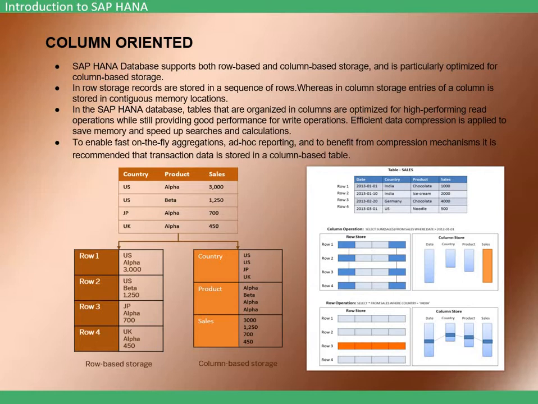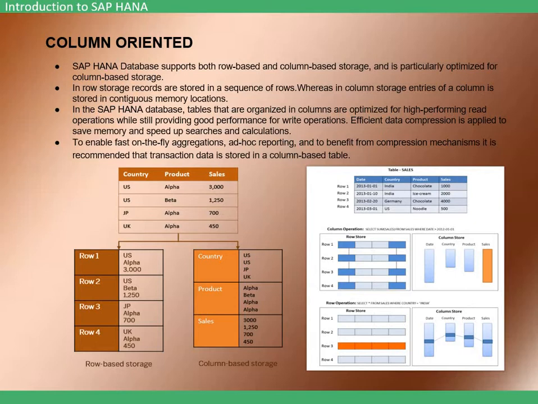In SAP HANA database, tables that are organized in columns are optimized for high performance read operation, while still providing good performance for write operation. Efficient data compression is applied to save memory and speed up searches and calculation.